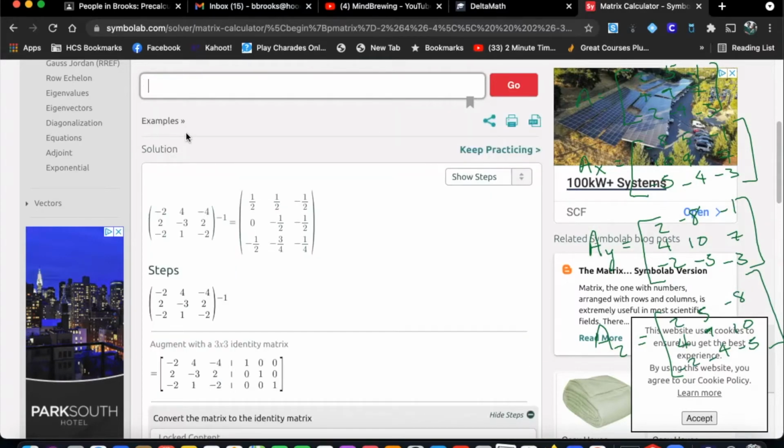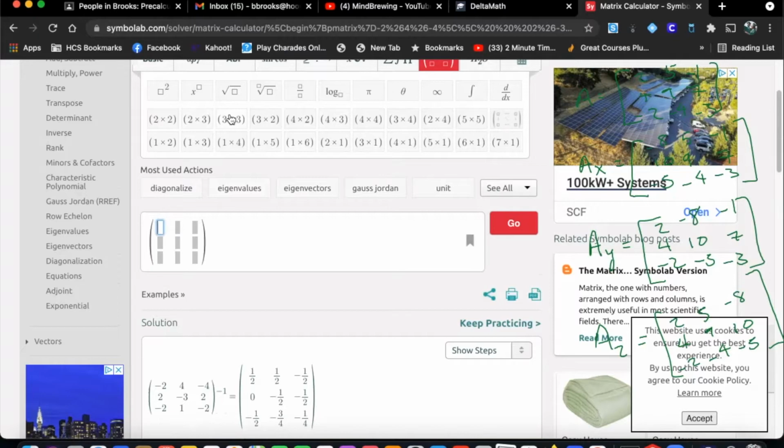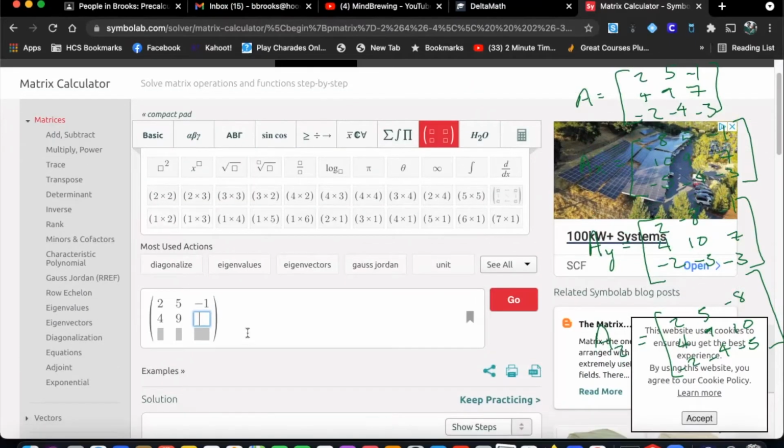All right, so let's see here. We want a 3x3 matrix, and it is 2, 5, -1, then 4, 9, 7, -2, -4, -3.